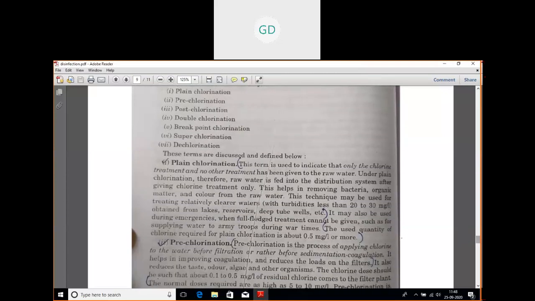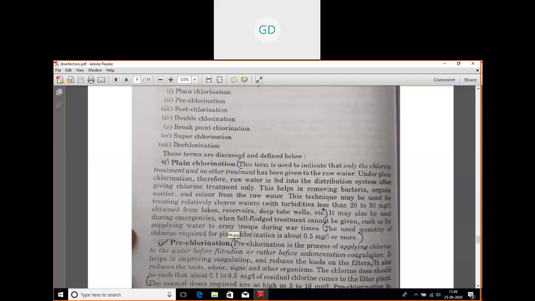So in that type of water plain chlorination is done, and no other treatment is given. The amount of chlorine used for plain chlorination is 0.5 milligram per liter.